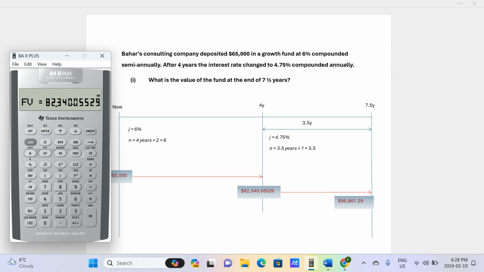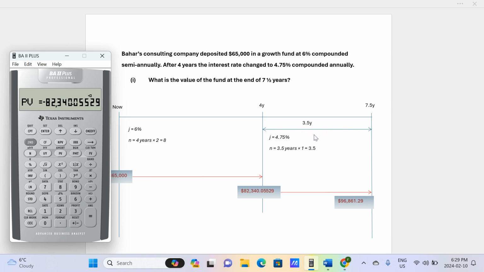Because this number is positive, I'm going to change that to a negative number and then PV. Now this number is the present value for the second period of time, 3.5 years. Now we are in the second period of time, and this number is the present value at the beginning of 3.5 years. Now I'm gonna find the future value for this number.